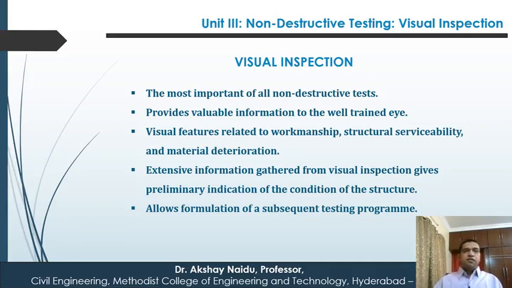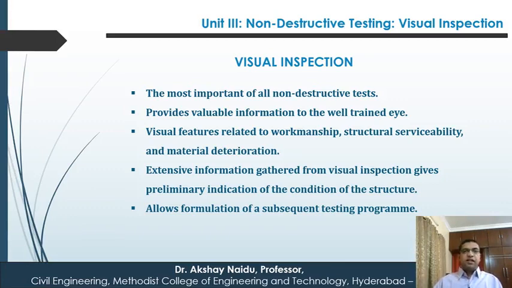See, non-destructive testing equipments and some partially destructive testing equipments, they are not freely available. We may have to hire it from some contracting companies, or we may have to purchase some test equipments. These are all very costly affairs.